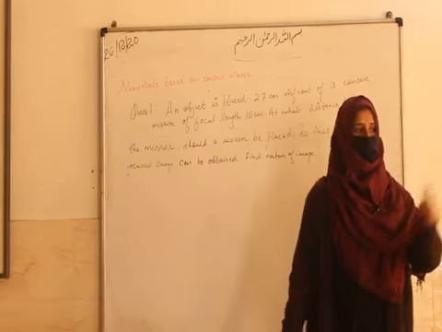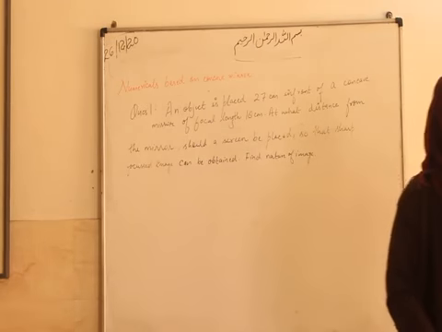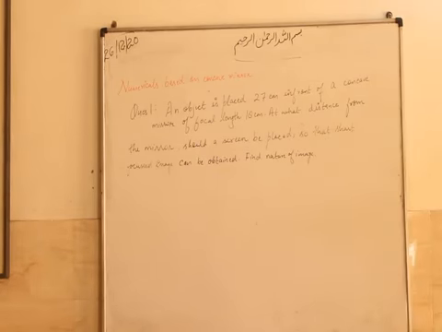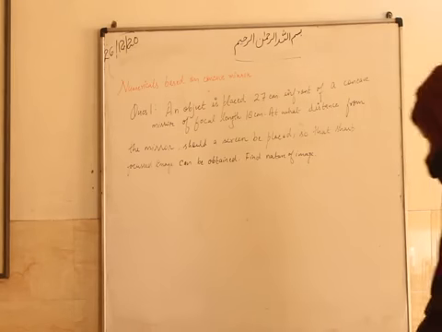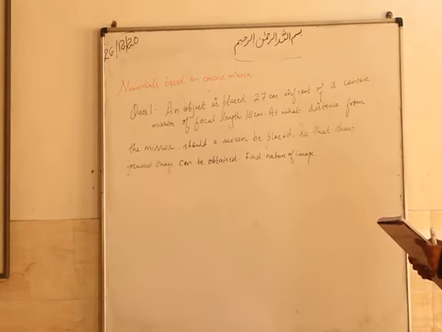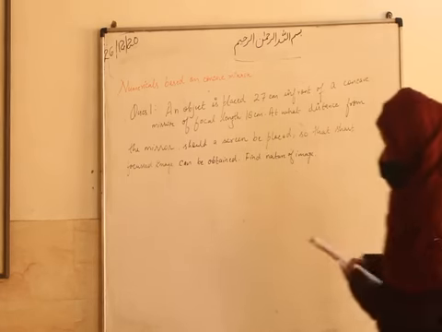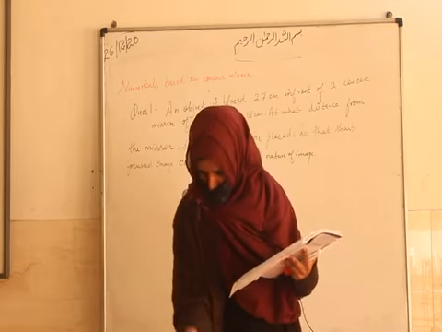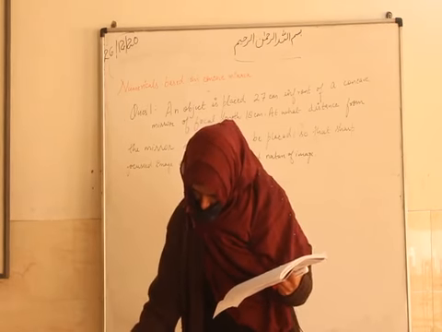So quickly make it, and then yes, dear, show me your numerical. Let me see what you have done in your notebook. Show me your notebook. You are on the right path.